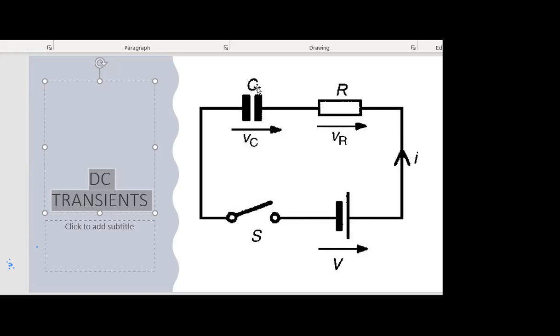So in a circuit with an energy storing element like a capacitor or inductor, there is that time it takes before the capacitor charges or an EMF is induced in the inductor. So that time is the transient.